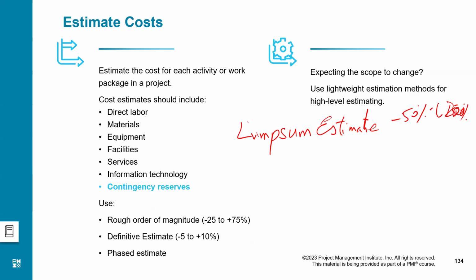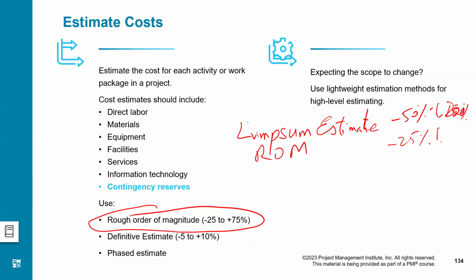But this is better than the lump sum estimate. That is called the rough order of magnitude. So rough order of magnitude has an accuracy of minus 25% to plus 75%. Got it?